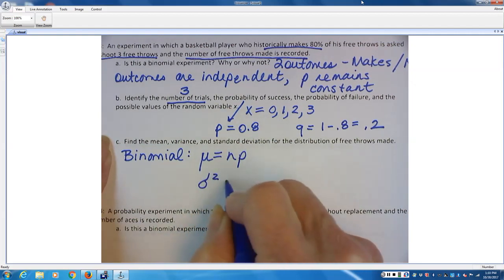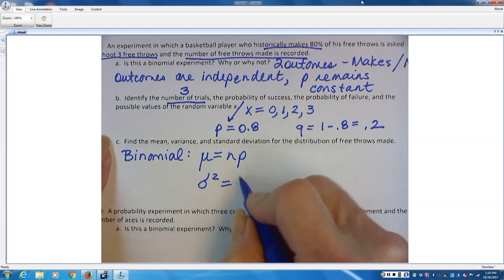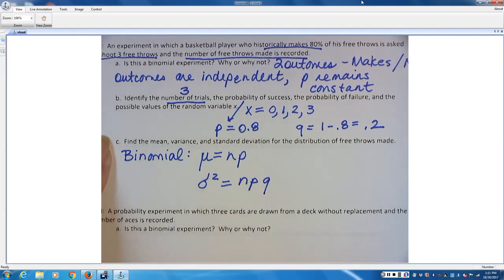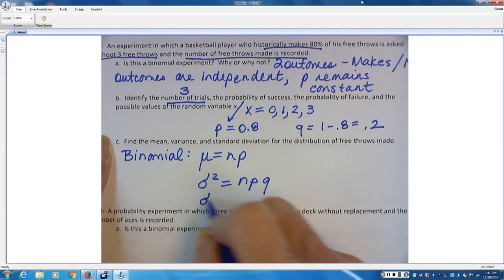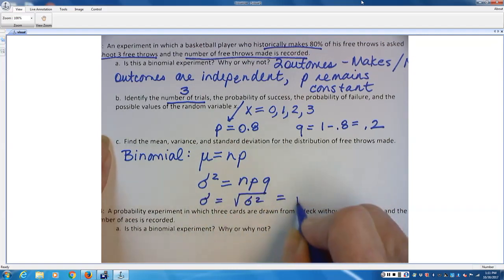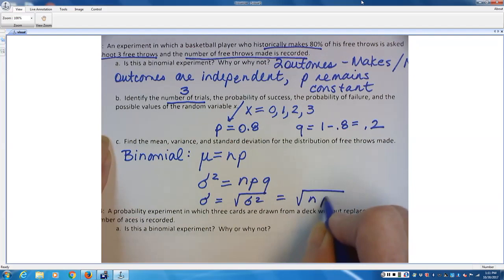The variance, sigma squared, is n times p times q. And then the standard deviation is the square root of the variance, so that's going to be the square root of n times p times q.